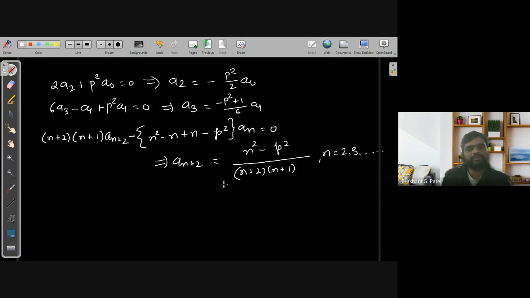Explicitly, if we write down all the terms for n equal to 2, 3, 4 and so on, we will have a4 if I have n equal to 2 here. Sorry, here I forgot to write down an.